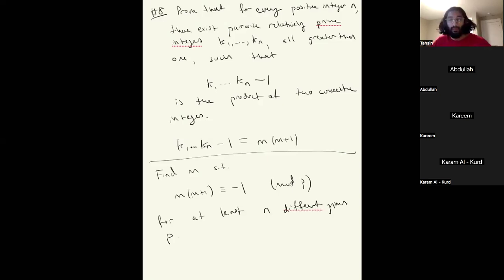Okay. Does that make sense? Then you take m times m plus 1 and add 1 to that, and then you somehow split that number into many different factors. Does it make sense? This is a very important observation.